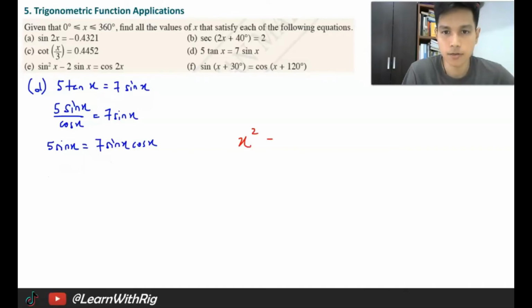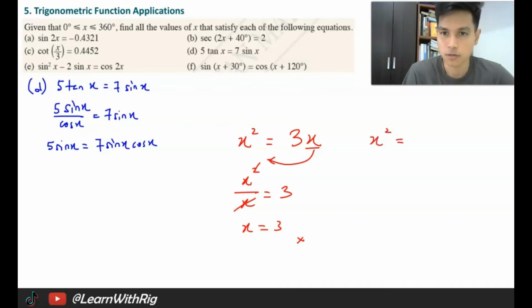x squared equals, let's say, 3x. Now how are you going to solve this? Are you going to just straight away shift the x there, then you get x squared divided by x equals 3, then you get x equals 3? If you do this, your answer is wrong. Because what you should actually do is shift the whole thing, so you get x squared minus 3x equals 0.